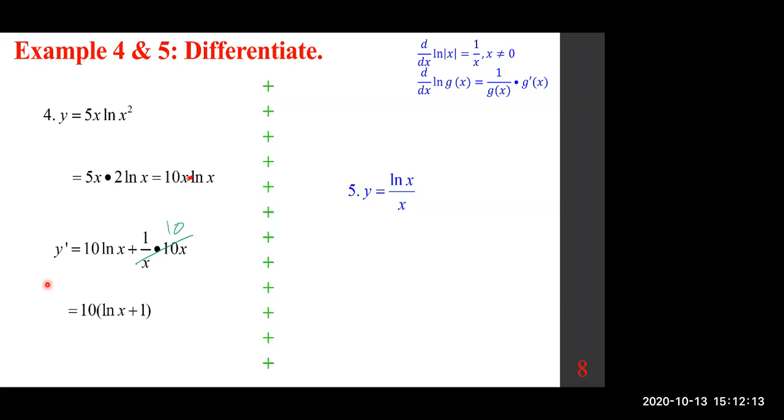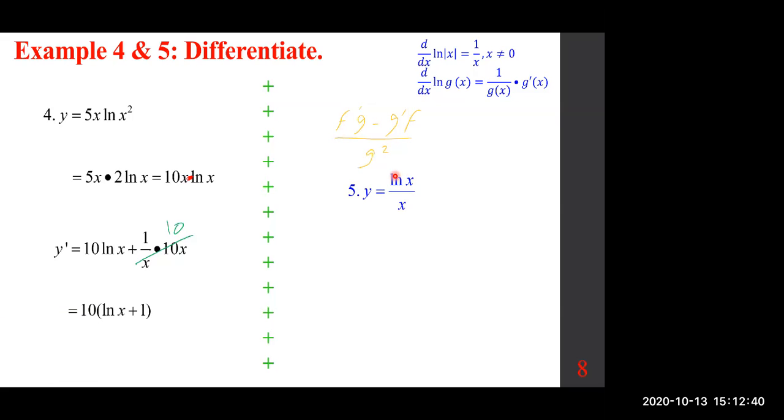All right. Now what do we do? Quotient rule. Everybody remembers the quotient rule? f prime g minus g prime f over g squared.